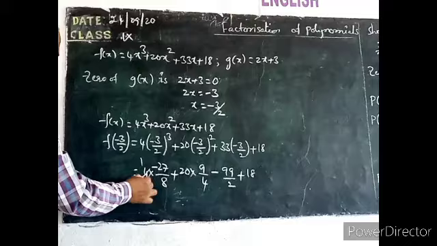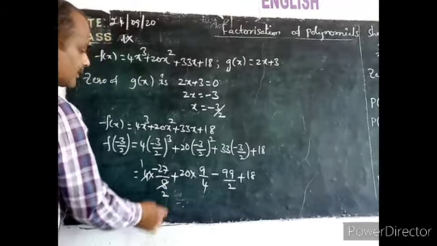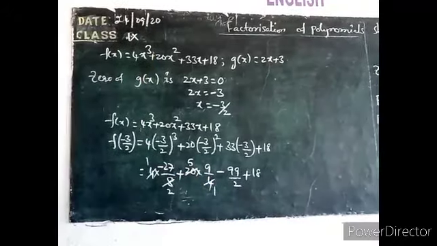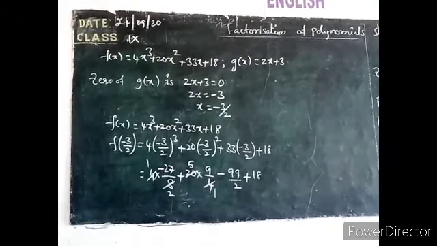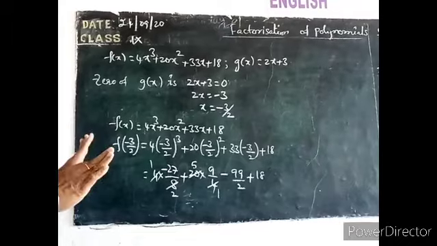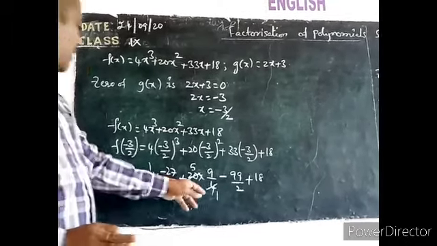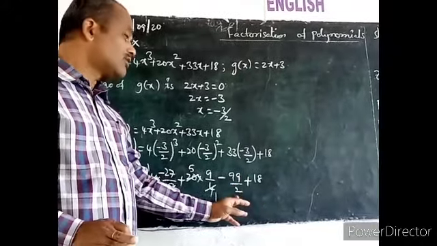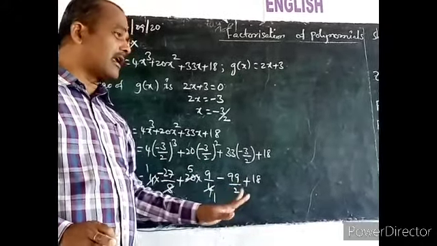Here 4 ones are 4, 4 twos are 8. Next here also 4 ones are 4, 4 fives are 20. Only where multiplication form appears, there only we get cancellation. After that here plus, here minus, here again plus. So don't cancel 9 or 18.